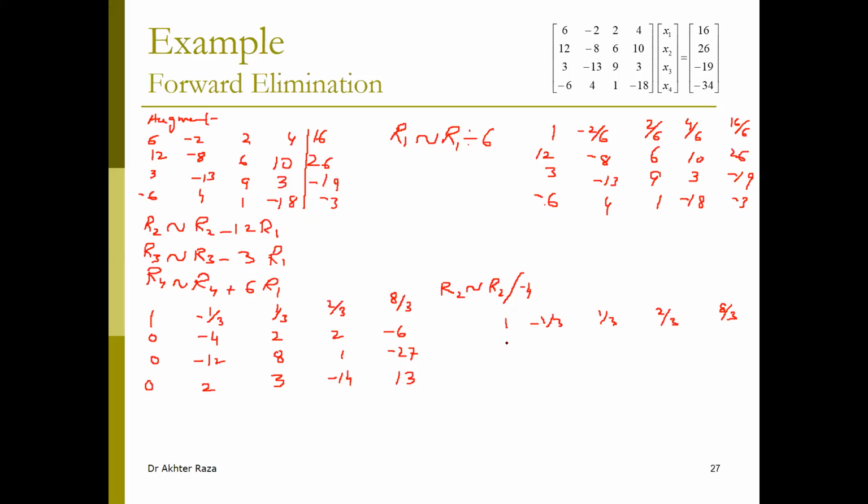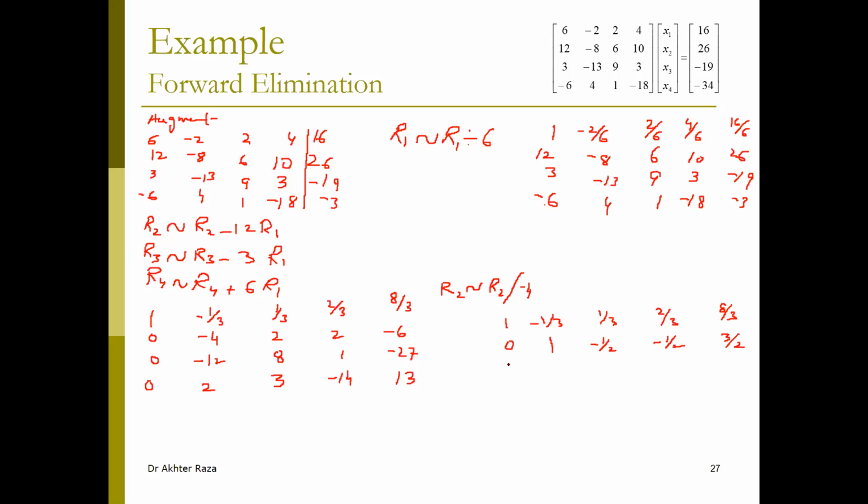This is 0 already. This will become 1. 2 by minus 4 becomes minus half. 2 by minus 4 becomes again minus half. And 6 by 4 becomes 3 by 2.